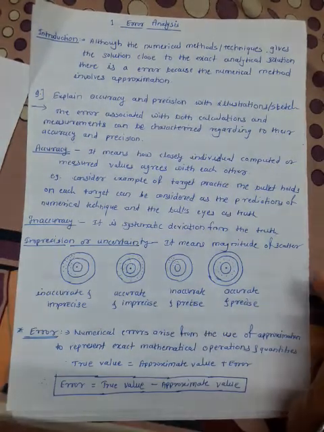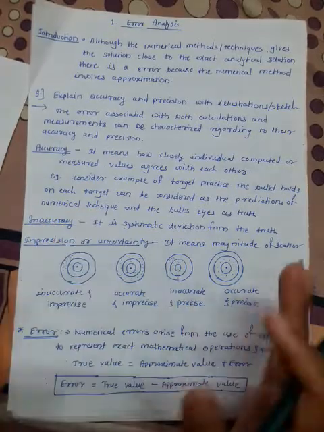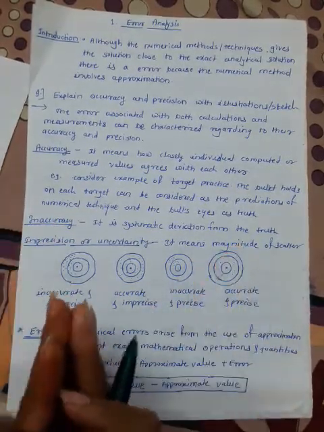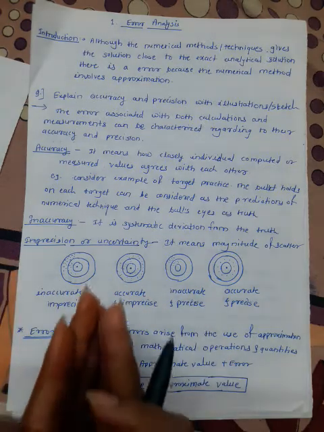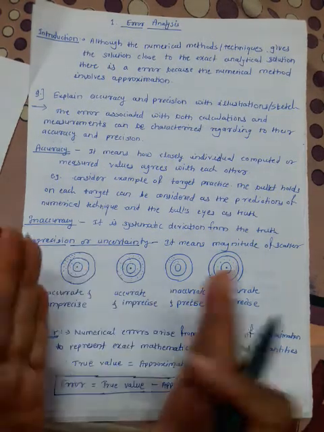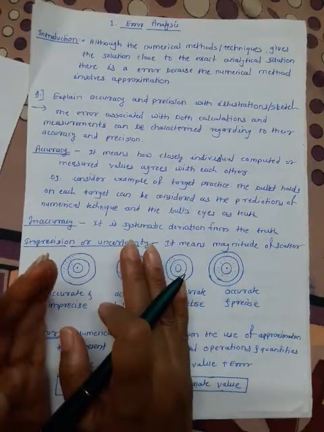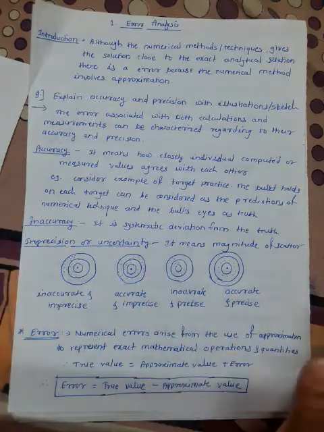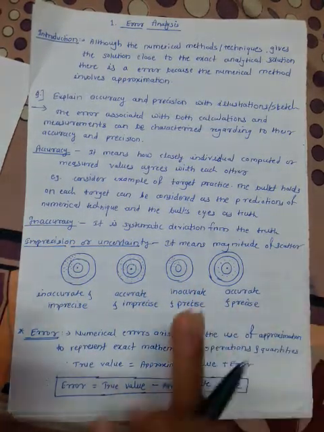Hitting the target is nothing but accuracy, how closely we are supposed to hit the target. The bullseye means the center of the target, and inaccuracy means the deviation from our target, how far from our bullseye we hit.